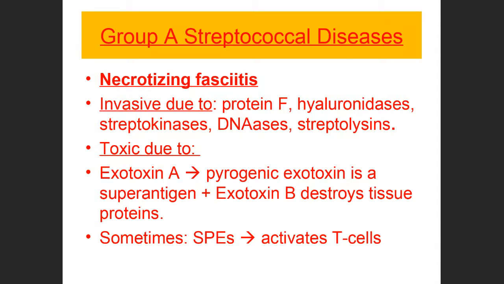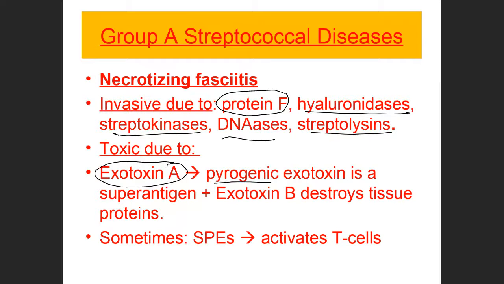The organism that causes necrotizing fasciitis has a whole host of proteins and enzymes that destroy tissue. Protein F, hyaluronidases, streptokinases, DNases, streptolysins. On top of that, exotoxin A, which causes fever, a superantigen, which destroys tissue, and a superantigen that activates T cells.